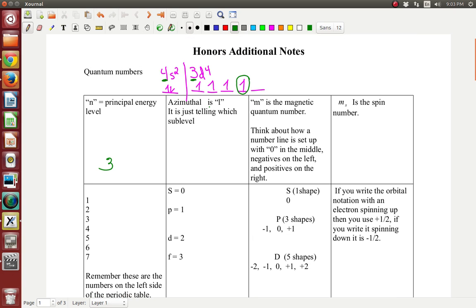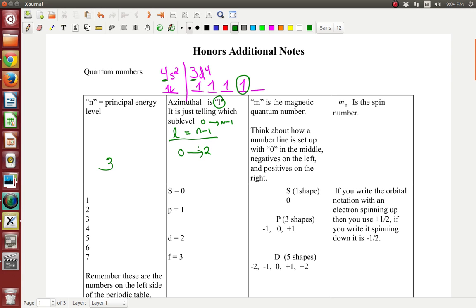The second one is the azimuthal, and it's depicted as l, which is equal to n minus 1. So it actually goes from 0 to n minus 1. In this case, n is a 3, so it would be from 0 to 2, because 3 minus 1 is 2. Now, I don't memorize that formula that a lot of the scientists will use.